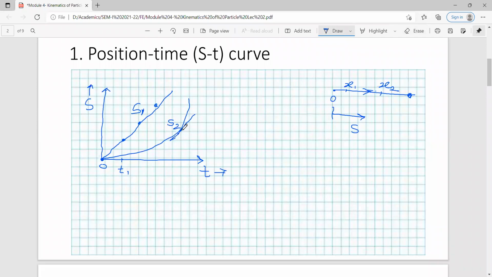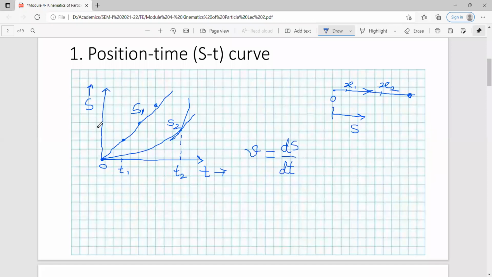If you draw the tangent at this particular point of interest, any suffix you can use, t2, then the slope of this tangent, the slope of this graph at this particular point, will give you the velocity at that point. V equals, what is the definition of slope? Slope is nothing but ds upon dt.